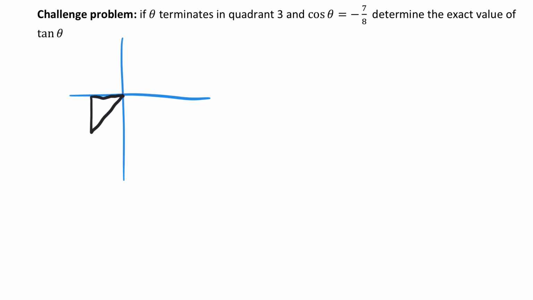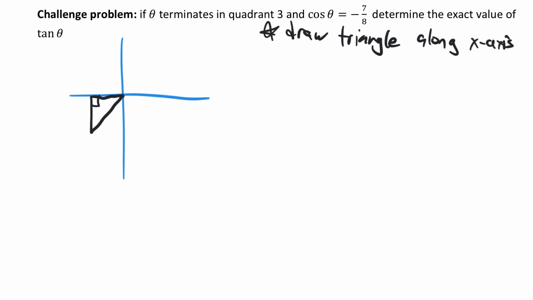And the important thing here is that we always draw it along the x-axis. So this would not be good if instead somebody drew a triangle like this along the y-axis. That would not work out. So just always draw your triangle along the x-axis.